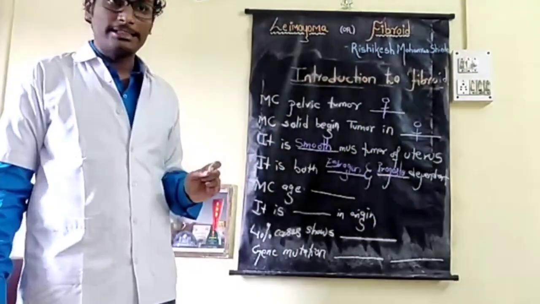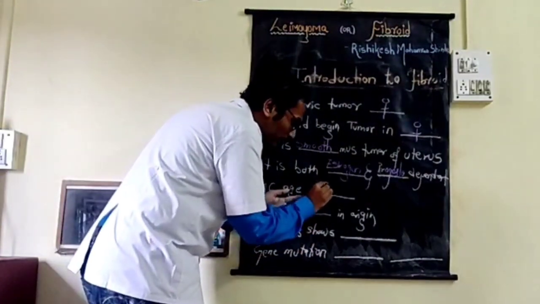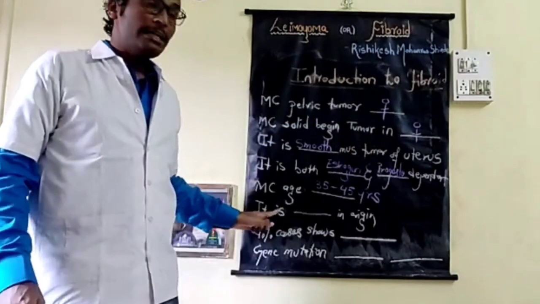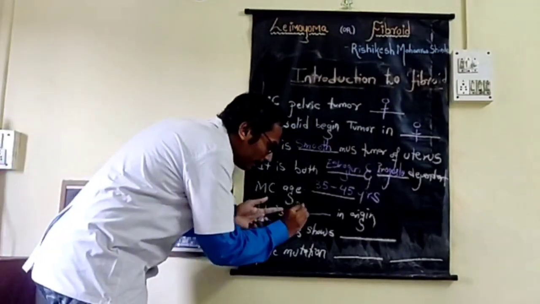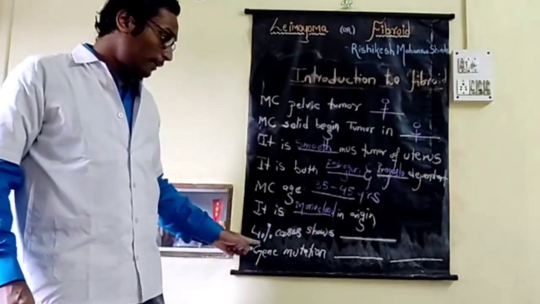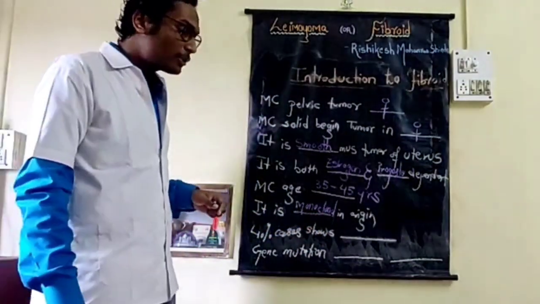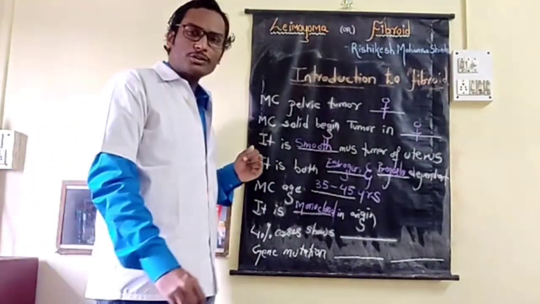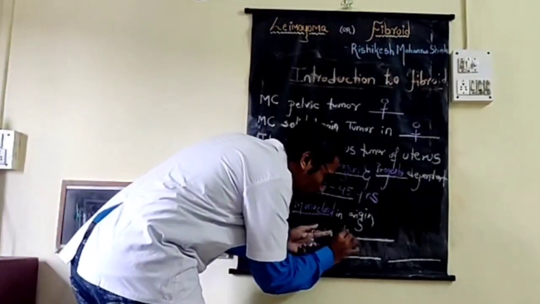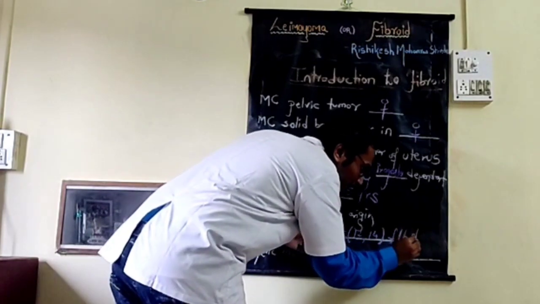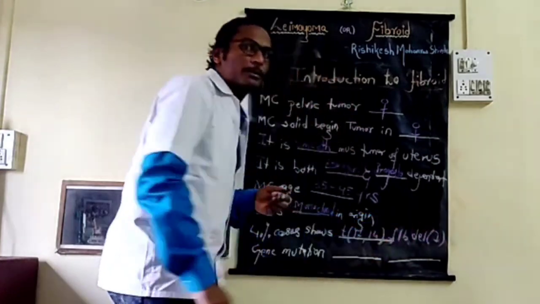The most common age of presentation is 35 to 45 years. It is monoclonal in origin. 40% of the cases show certain chromosomal abnormalities associated with it. The most common one is translocation 12;14, followed by deletion of the 7th chromosome.